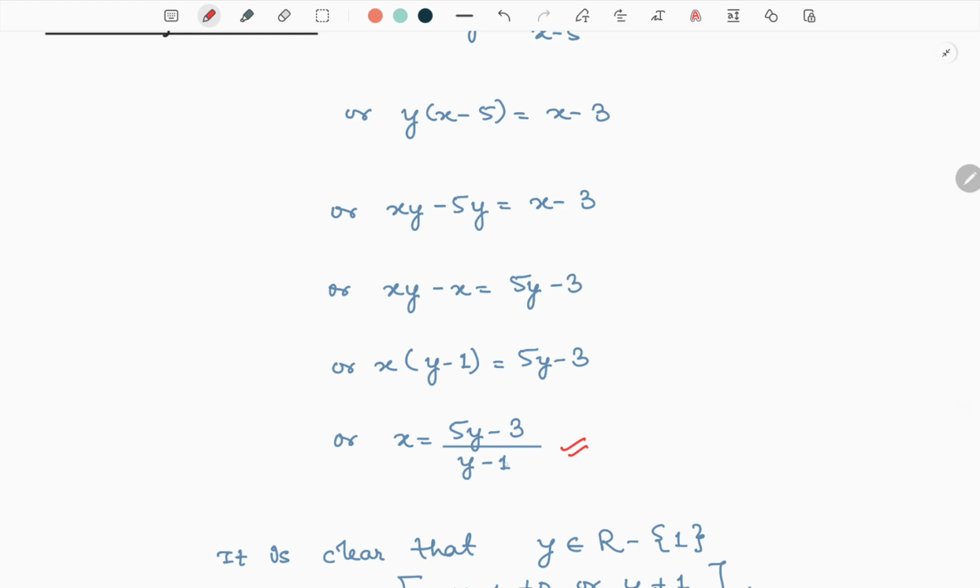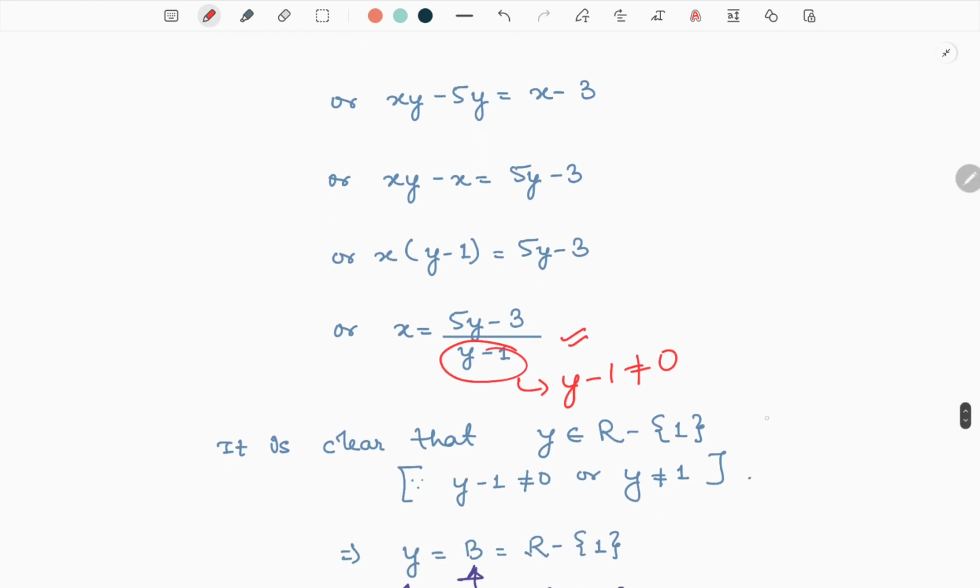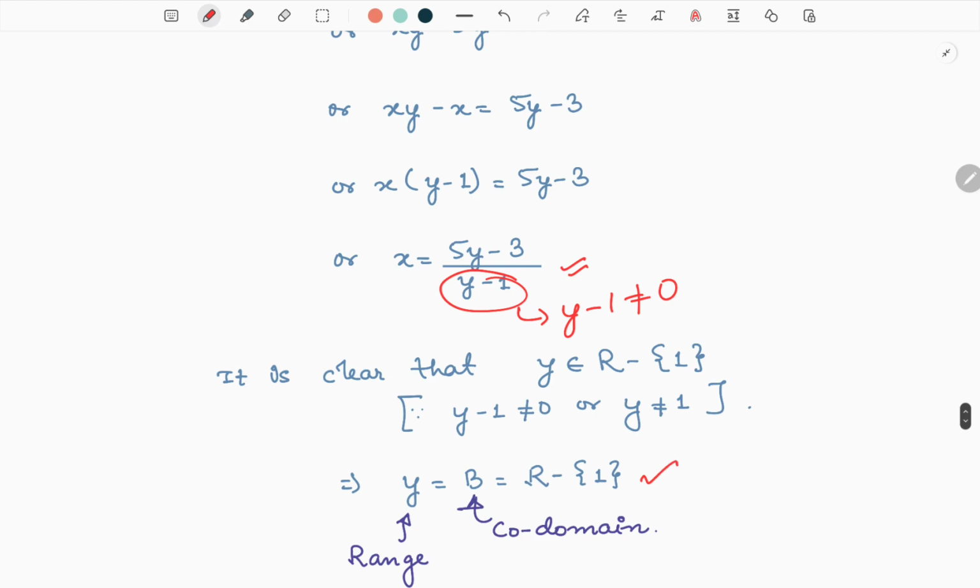Looking at this equation, we can say the denominator is defined only when it is not 0, or we can say x is defined where y − 1 should not be equal to 0. So y can contain all the real numbers except 1, because at 1, 1 − 1 is equal to 0. In the function, the codomain B is given as R − {1}, and here the range is also coming as R − {1}.